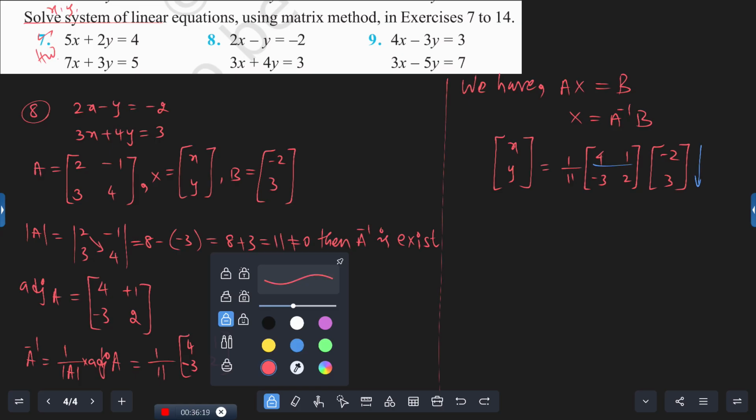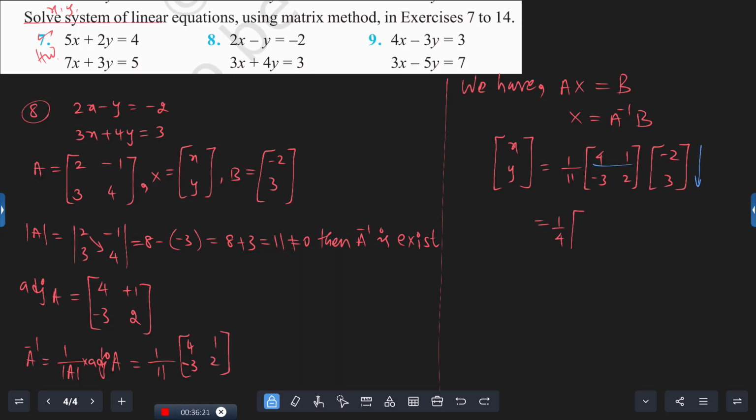Let's see, Raja. So 1 by 11, 4 into minus 2. 4 into minus 2, what will you get? Minus 8. Second element to second element. Then 1 3s are 3. Same row, now you have to put plus. Don't forget. Next row when I go, you have to come to the next row here.